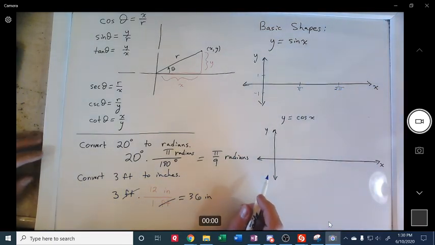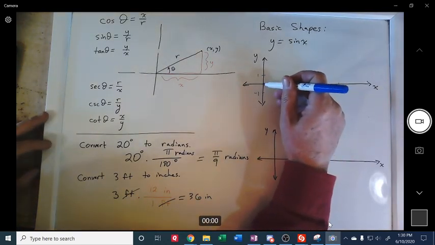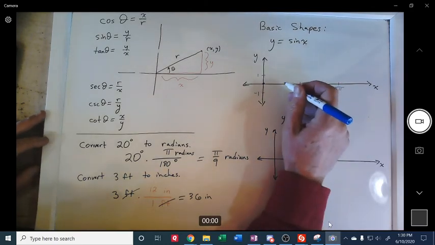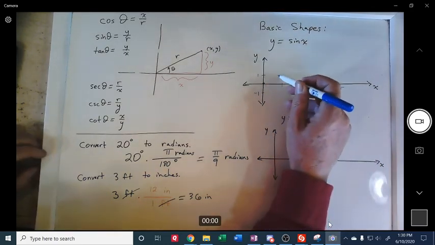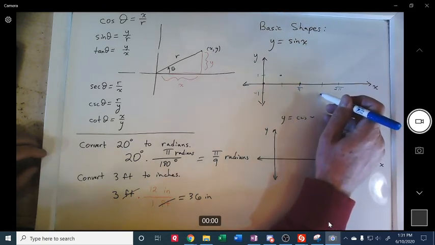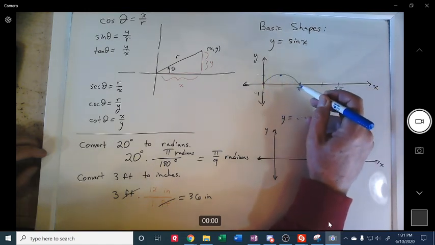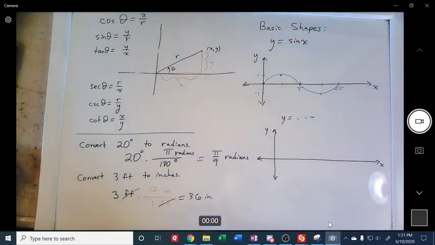The sine function starts at the mid-height, and every quarter of the way it changes. It goes up to its highest, back to here, down to its lowest, back to here, and we complete it with a smooth curve, like this.